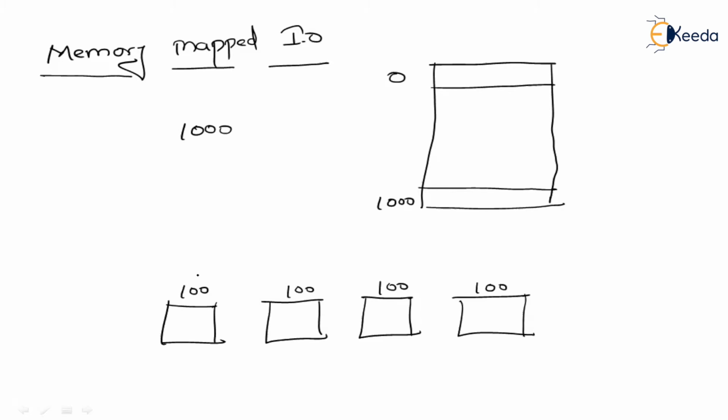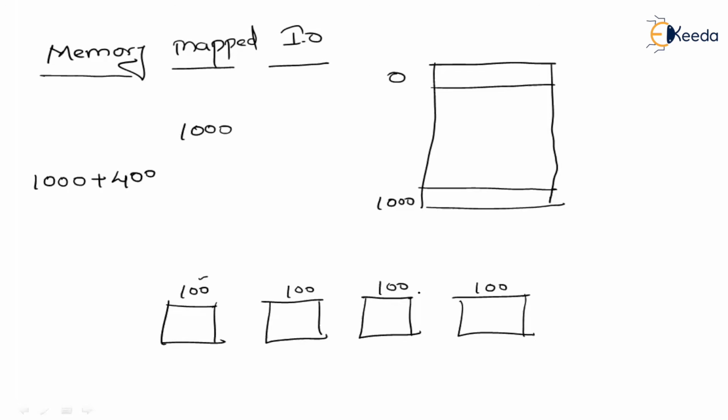These interface addresses will follow the main memory addresses. That is, the address space will be given from 1000 onwards. There won't be any common address spaces. Total addresses will be equal to 1000 plus 400. The CPU considers that even the locations available at each and every interface are available in the main memory itself.